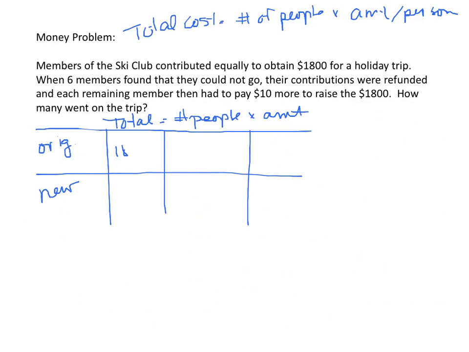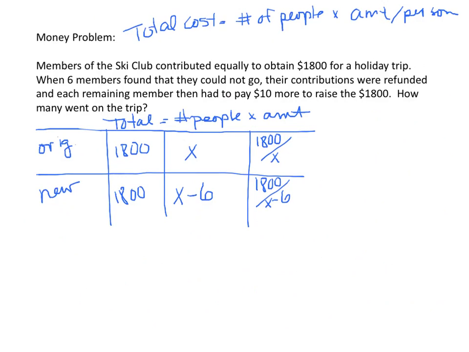The total cost of the trip is $1,800 regardless of how many people go. The number of people that I have in my original group is something, and in my new group it's 6 less. So the amount per person is 1,800 divided by x, and 1,800 divided by x minus 6.